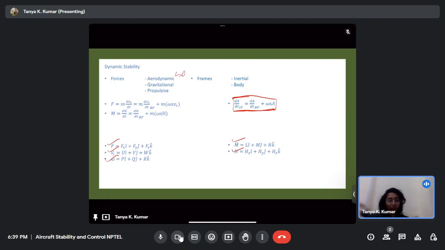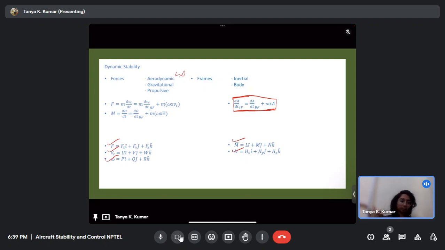Lift and drag, measured in body frame or inertial frame? Okay, you will look this up and tell me in the next session: what all are measured in the inertial frame, and what all in the body frame.